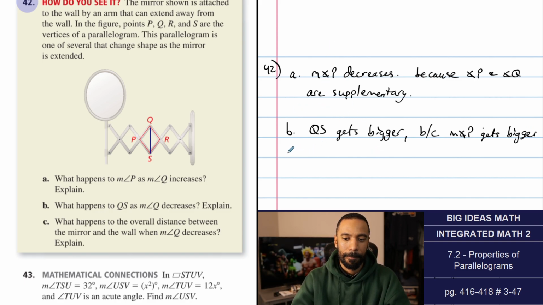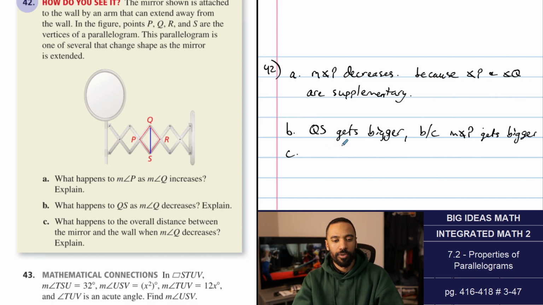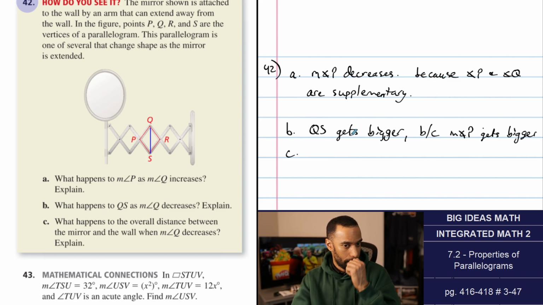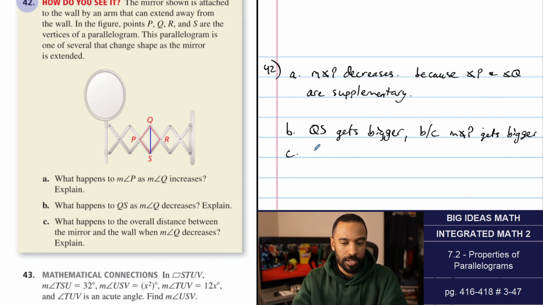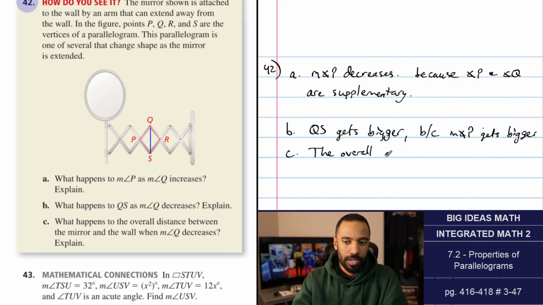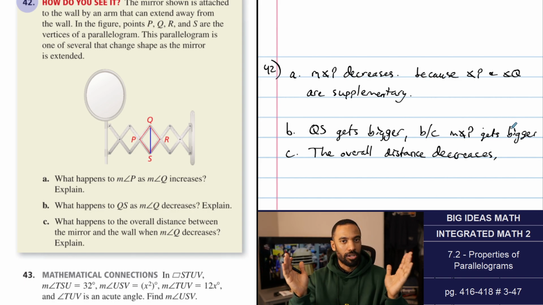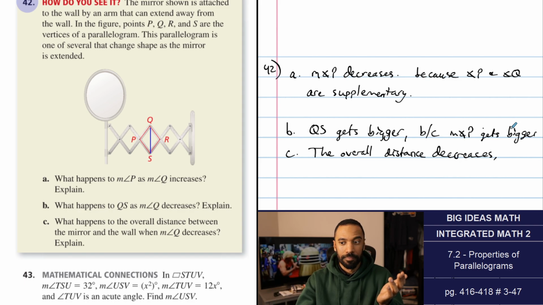So there's that. Part C, what happens to the overall distance between the mirror and the wall when the measure of angle Q decreases? Explain. The distance decreases. The overall distance decreases, because the lesser angles bring all of those closer together.